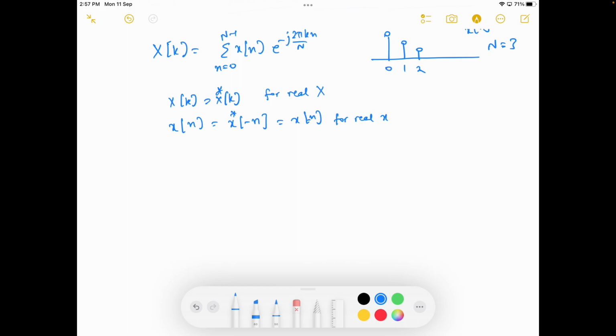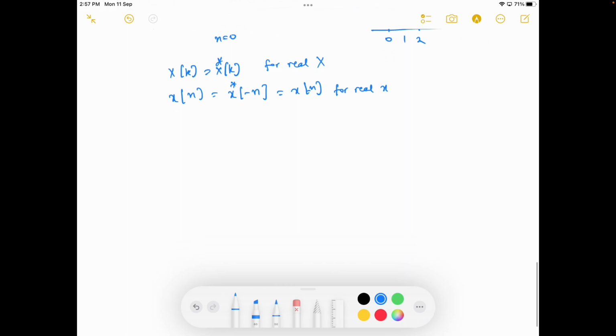Now, when is this true? When xn is equal to x of minus n? Because it's a limited signal, it's a kind of modulus. So x of n is equal to x of minus n, which means my x is symmetric.